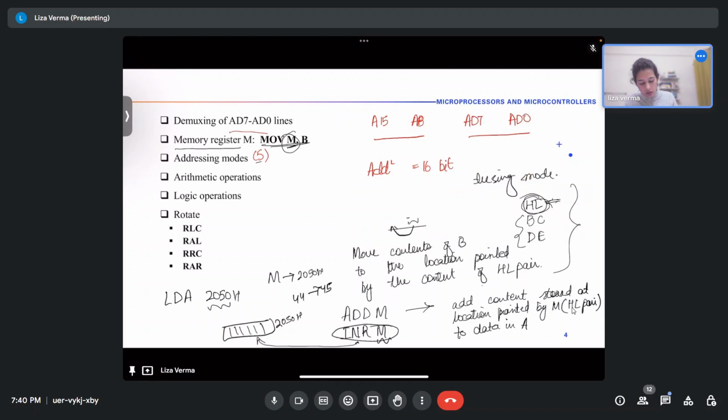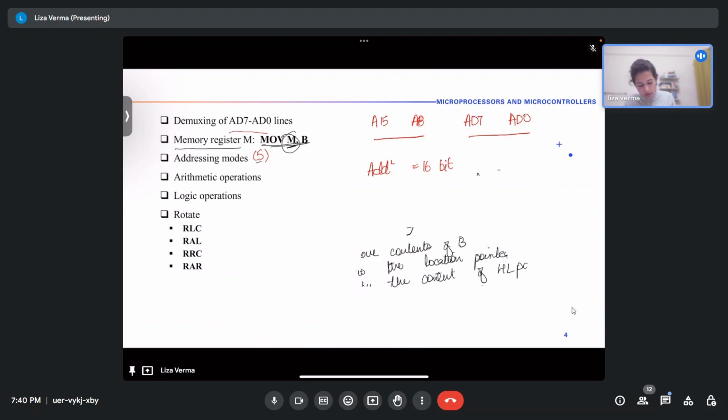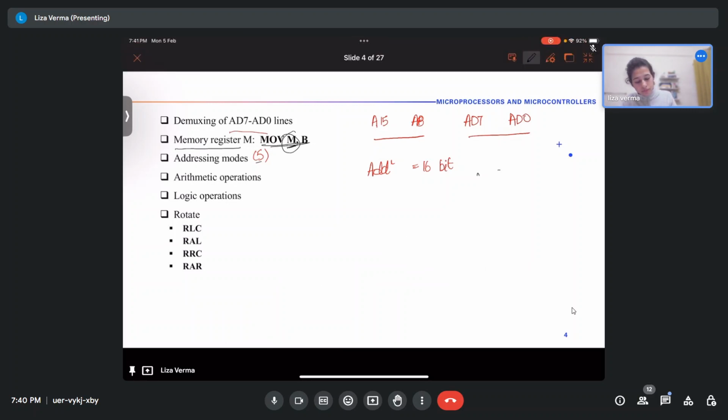So yeah. After this, the last one is the implied addressing mode. As the name suggests, the function of the instruction is implied. You need not mention the operand, right?